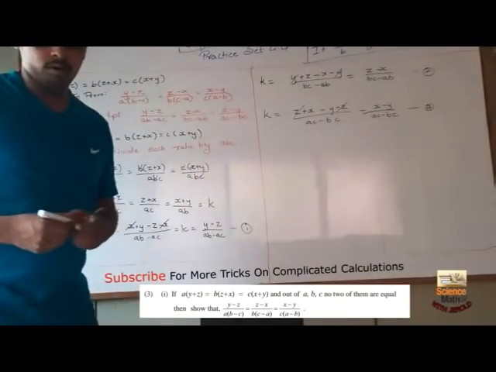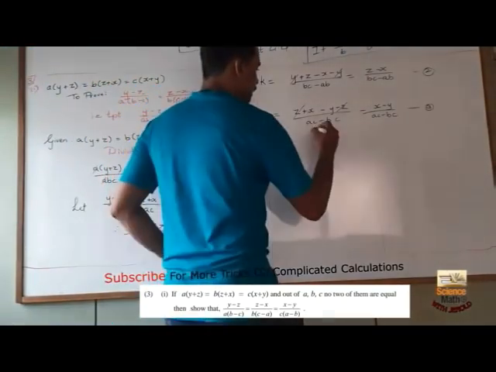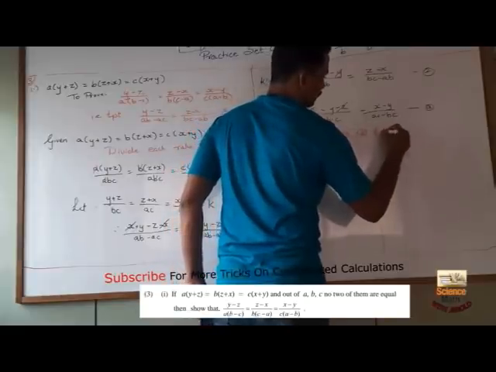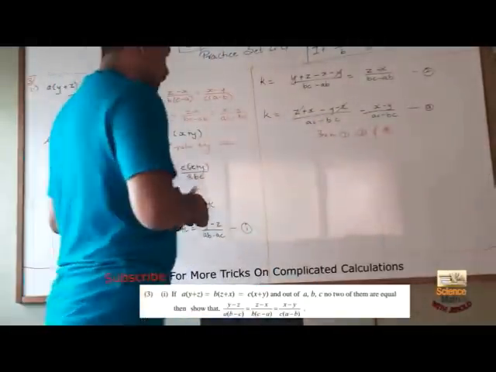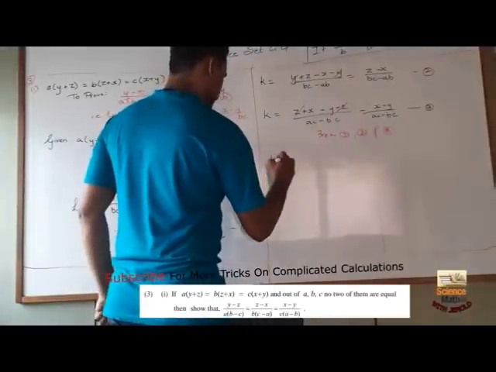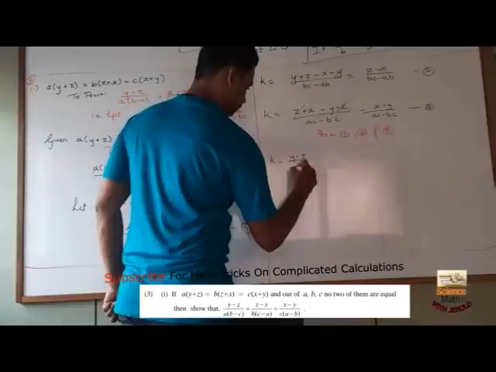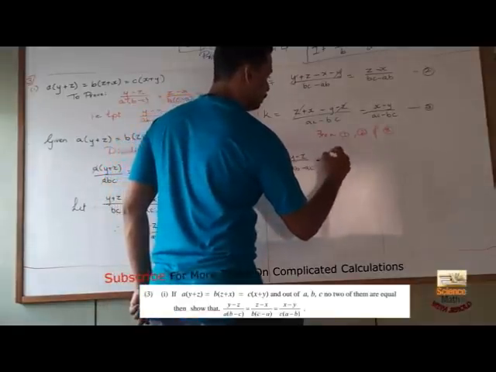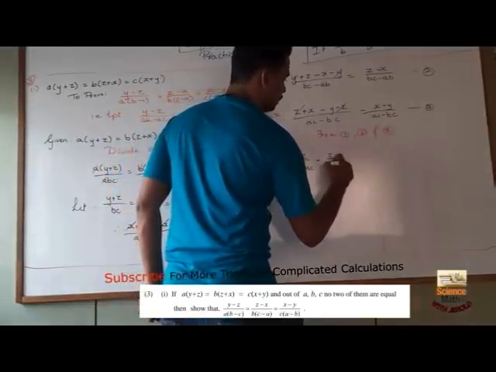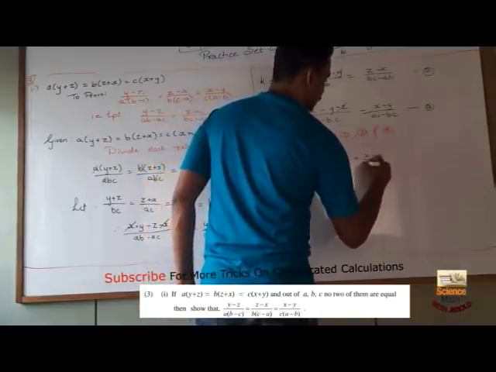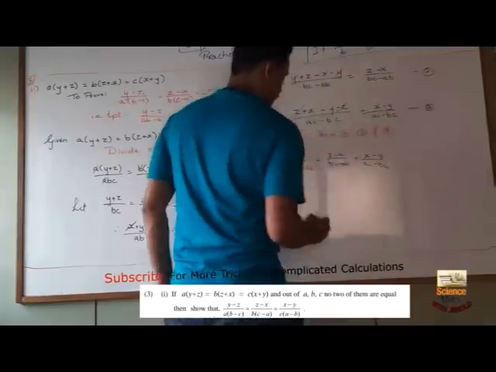So from all the three equations that I found out, that is from 1, 2 and 3, I have K is equal to y minus z upon AB minus AC is equal to z minus x upon BC minus AB is equal to x minus y upon AC minus BC.